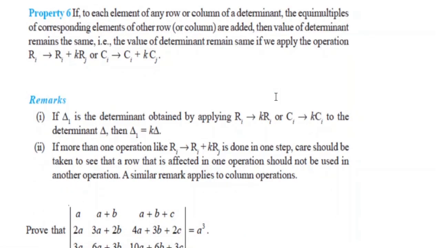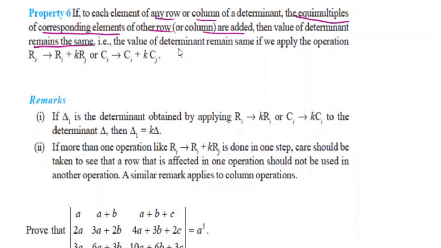Property 6. Note down. Here, if to each element of any row or column of a determinant, the equimultiples of the corresponding elements of another row or column are added, then the value of the determinant remains the same. There is no change in that.